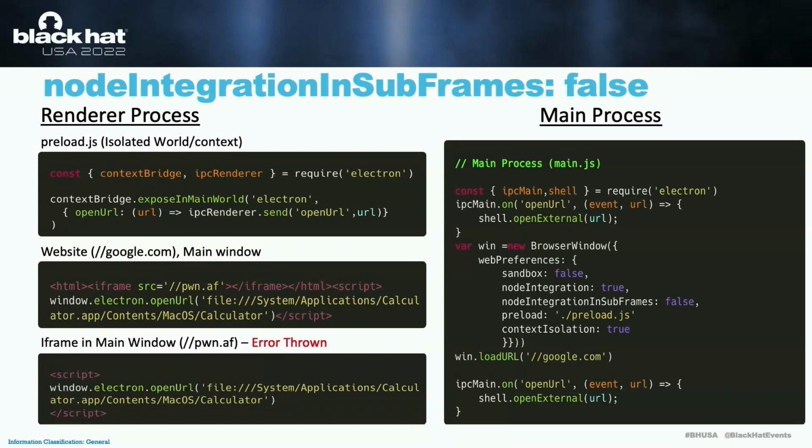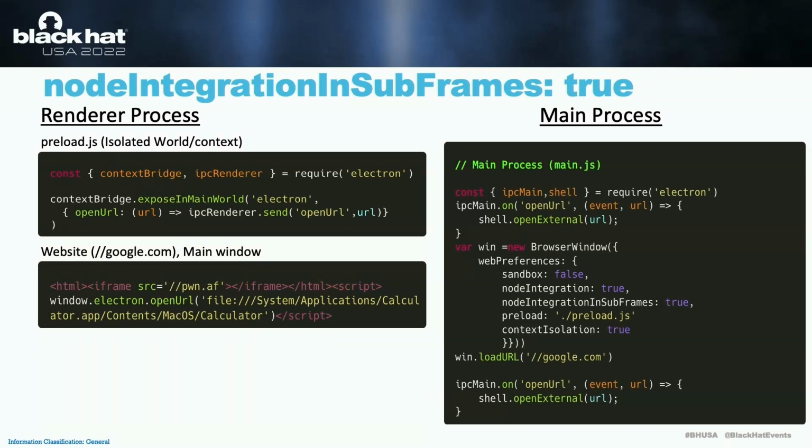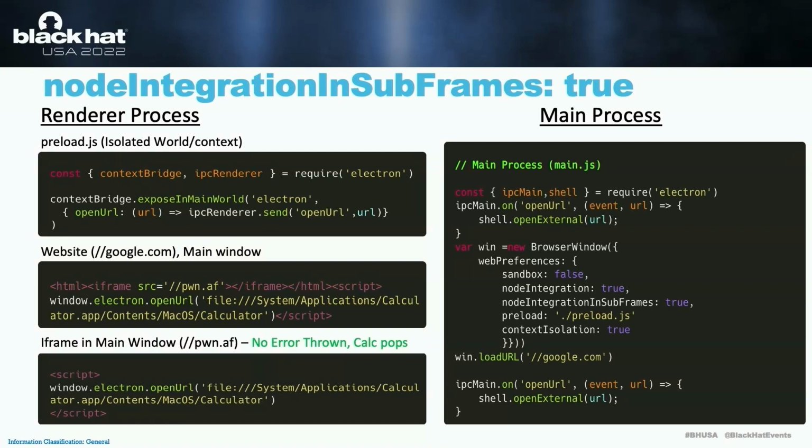This works fine. But from the iframe, when I try to do the same thing by invoking that openURL, it doesn't work. It's because nodeIntegrationInSubFrames is false. Let's turn it to true. And in this case, no error is thrown, and you can pop a calc from your iframe.